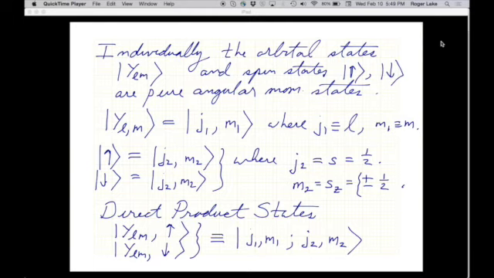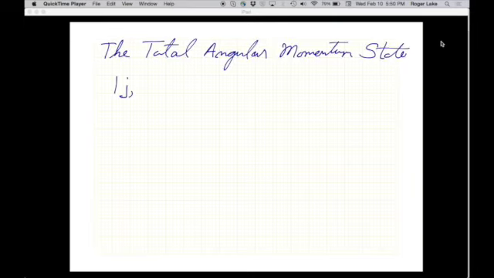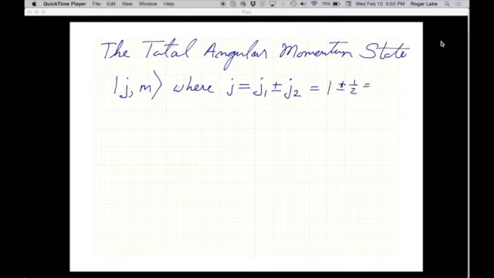All right, so that's our direct product state that we're starting with, and we have to transform this into the total angular momentum state to calculate the matrix element of J squared minus L squared minus S squared. The total angular momentum state is J comma M, where J is equal to J1 plus or minus J2, which is 1 plus or minus a half, which gives possible values for J of 3/2 or 1/2.